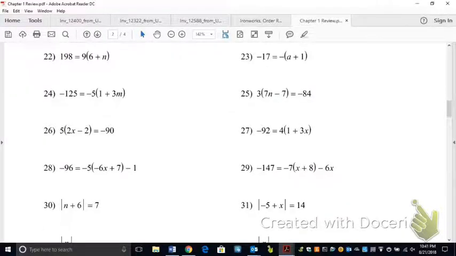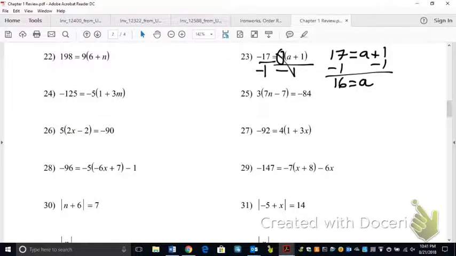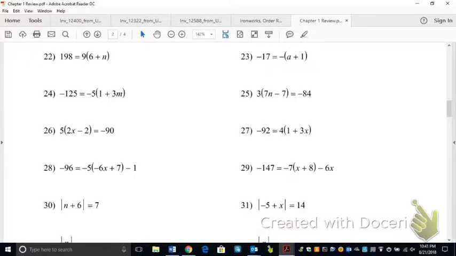23. So we have negative 17 equals negative 8 plus 1. So we're going to treat that negative out front kind of like a negative 1. Okay? So it's negative 1 times a plus 1. So we're going to divide by negative 1.